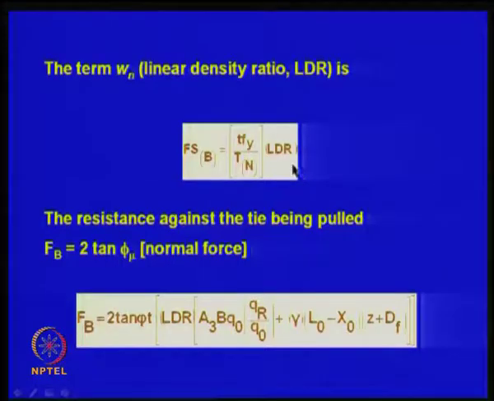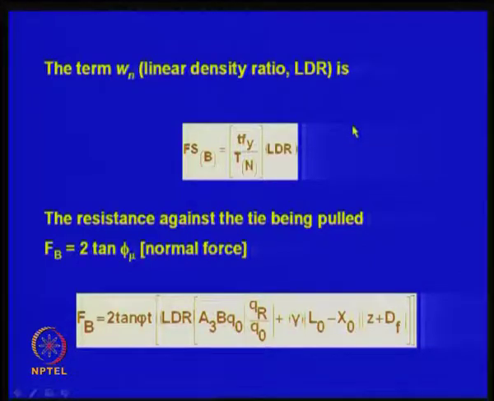It is just a series of tension members, and the term Wn is nothing but the linear density ratio. It tells how many members are present, and that is what is called the linear density ratio.